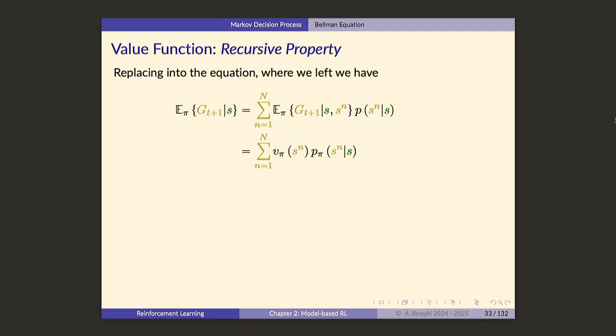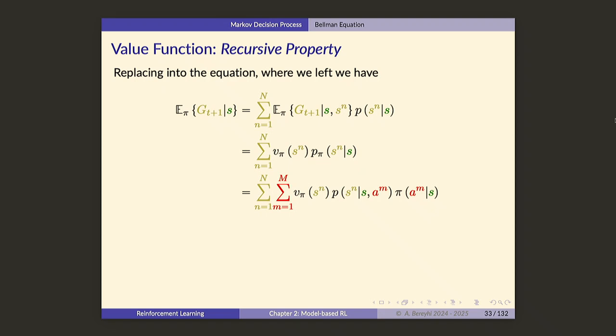This is going to be the value function at the next state times the probability of going to the next state, right? Everybody's clear? And now I can, of course, replace it in this form. I have done nothing but just replacing this p pi in terms of the transition and the policy. And this is going to be a much longer version of the same equation. But we can actually write this down much easier.